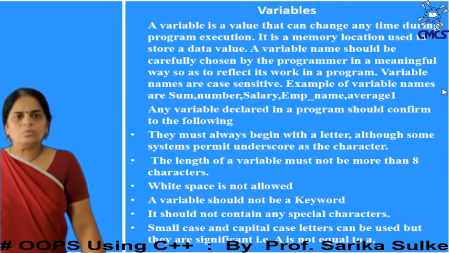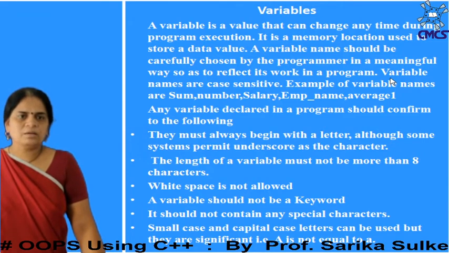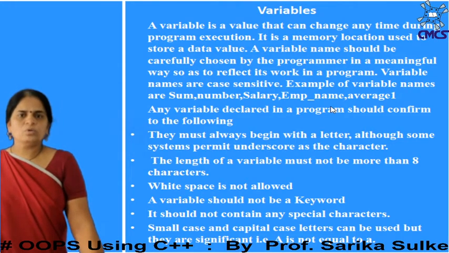Just as we give a name to anything, similarly a variable can also have a name. It must have a name, but the name should have some characteristics. Any variable declared in a program should conform to the following rules.